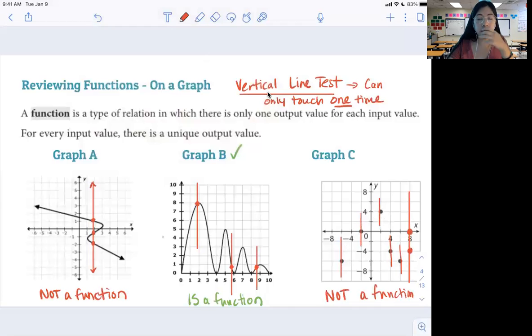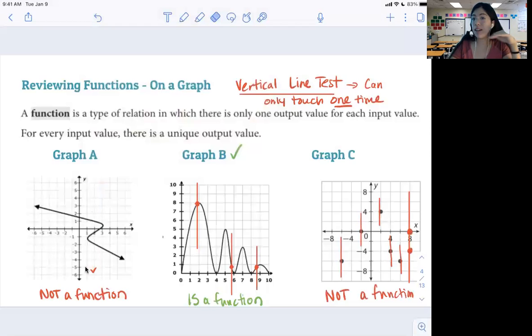Another way that people like to think about it, and this might be helpful, is functions can't be on top of themselves. For example, in example A, right here, this function is kind of folding on top of itself. See how it's stacking up on top of itself?